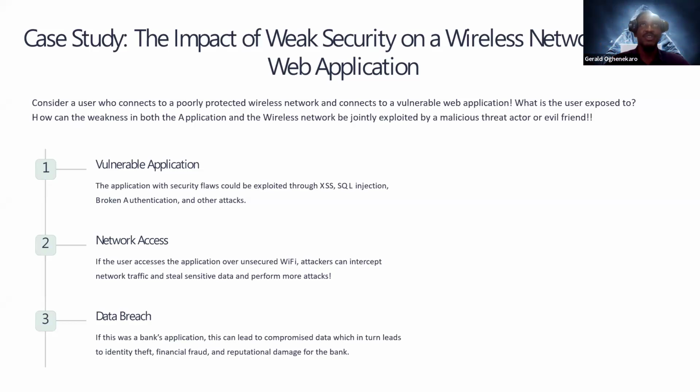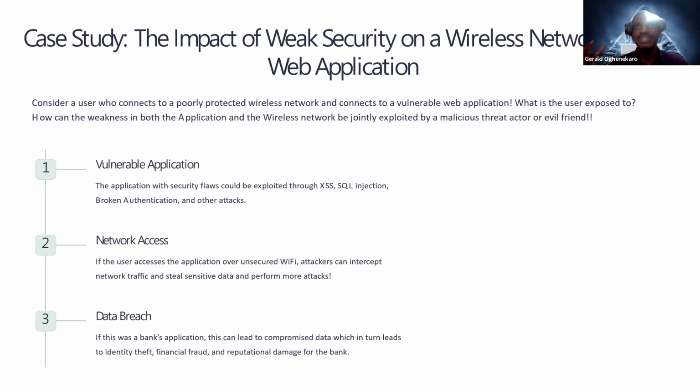and is doing something malicious on your network. So what happens is the application is vulnerable, with security flaws, and it could be exploited through most of the vulnerabilities my colleague Efene has spoken about. That's cross-site scripting, SQL injection, broken authentication, and a host of other attacks. Then network access.